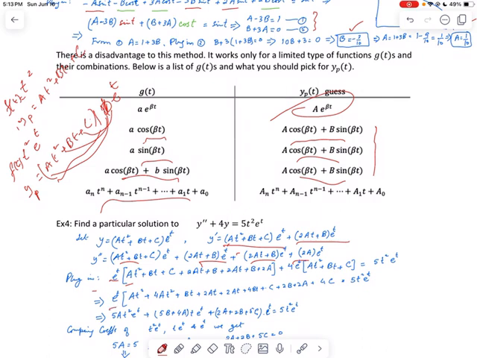And then in the next step, e to the t stays outside, but now I am putting the like terms together. So the t squared terms come together. We have a t squared term over here, and then we have a t squared term over here. But remember there is a 4 outside. So when you write, be careful, 4a. That's what we get in the next step.